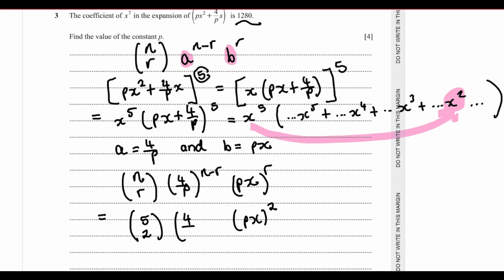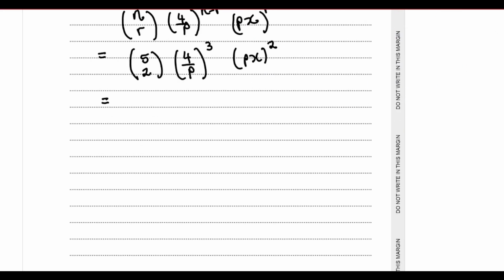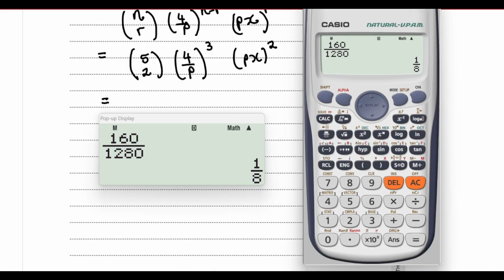I can write 4 over p. Our n minus r will be 5 minus 2, which is 3. Okay, now keep on using your index laws. Okay, let's figure out what's 5 choose 2.